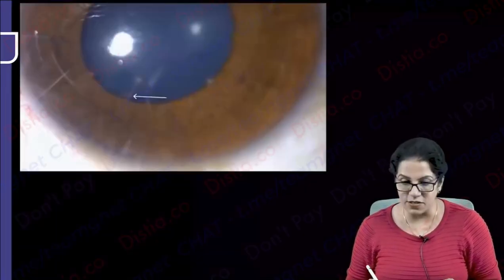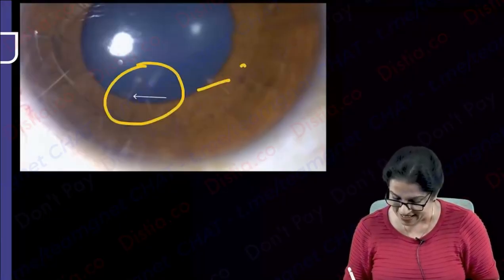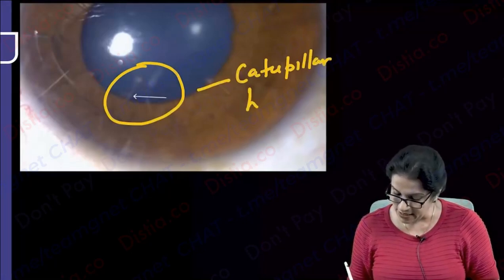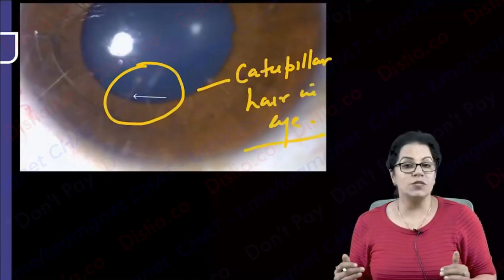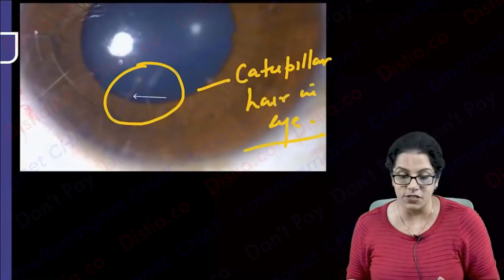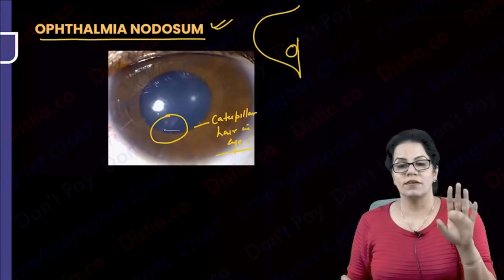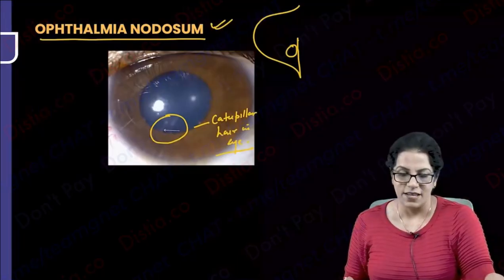This is what they are trying to show you. This is caterpillar hair in the eye. So this is the only information they will ask you. Caterpillar hair in eye, of course it is very, very rare to happen, can lead to intense granulomatous inflammation, which is called ophthalmia nodosum. So there was one question years back, so I just mentioned it as one line. Okay, keep in mind. So what is ophthalmia nodosum? Right, all of you?